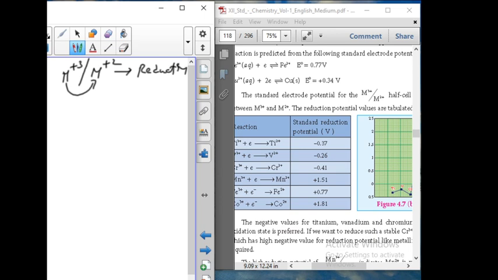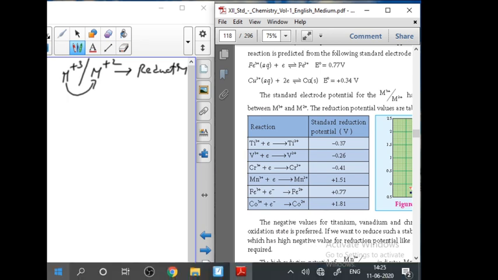So that table is also giving reduction potentials only. You can compare all the elements: plus 3 is converted into plus 2, that is titanium plus 3 to plus 2, manganese plus 3 to plus 2, iron plus 3 to plus 2, like that. All are plus 3 converted into plus 2, so the oxidation state decreases, which means that is reduction only.